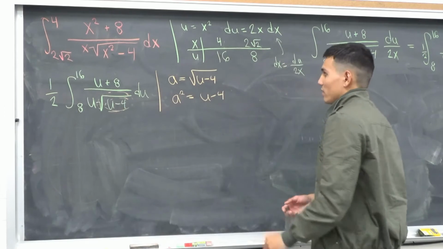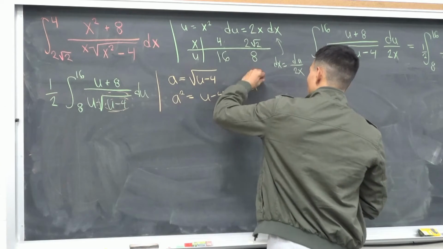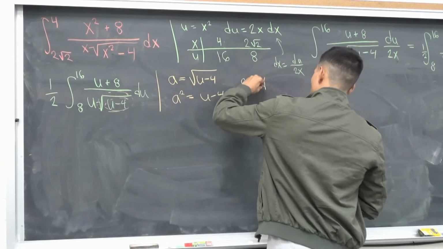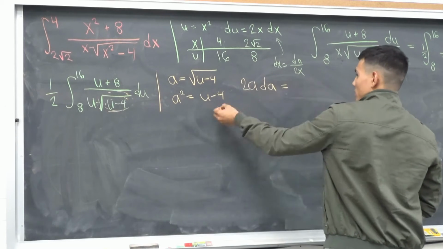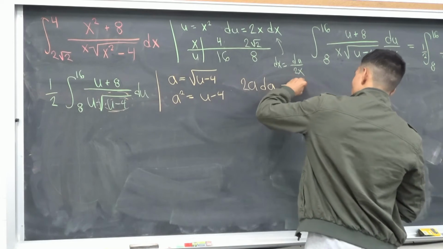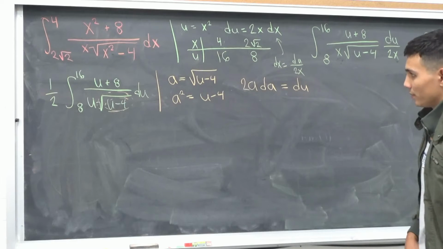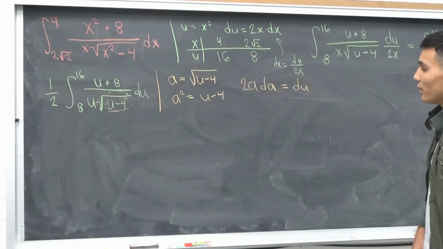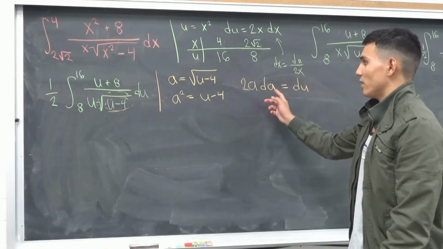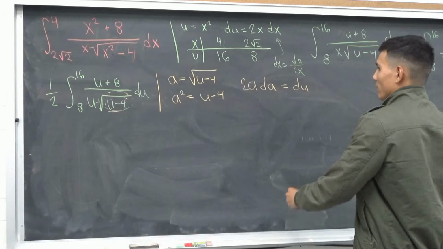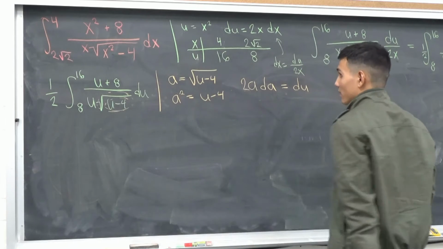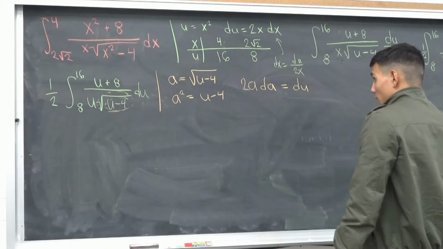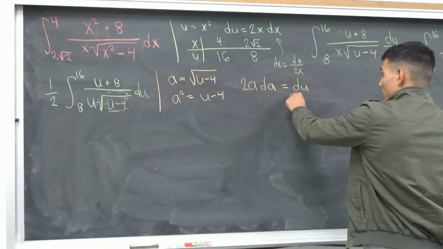And now we can implicitly differentiate, so we get 2a dA is equal to what? du. Okay. So the reason why I did that is just, I think it's easier to differentiate this way so that you can see that. So 2a dA is equal to du.